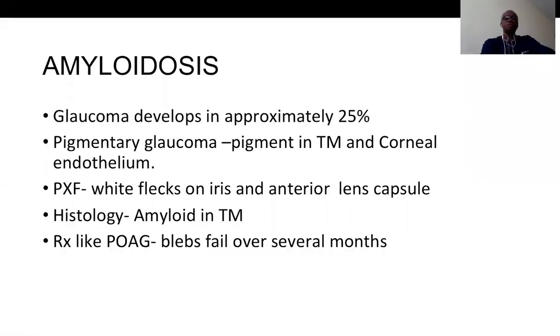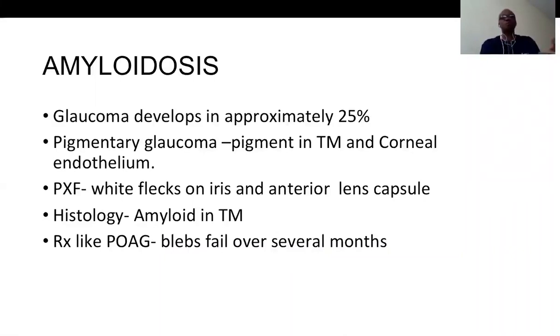Another group of secondary open-angle glaucoma is amyloidosis. Up to 25% of patients with hereditary amyloidosis develop glaucoma. These eyes may actually present with pigments on the trabecular meshwork or even on the corneal endothelium, mimicking pigmentary glaucoma.